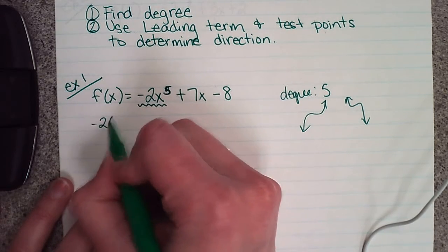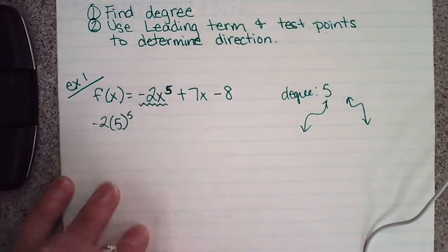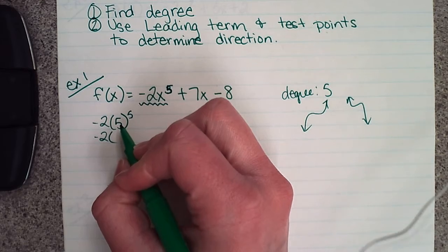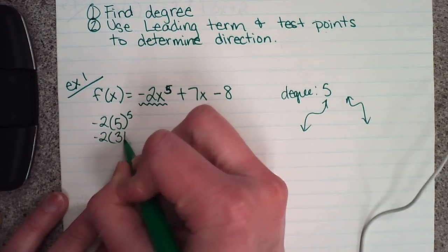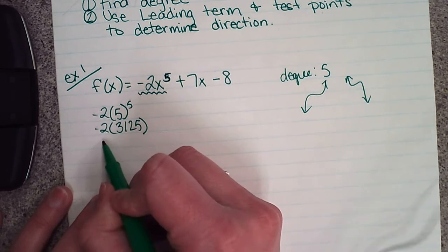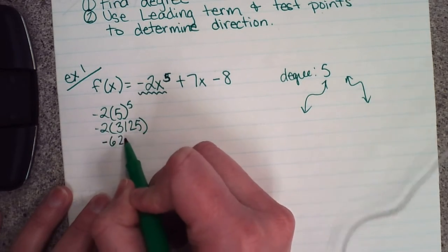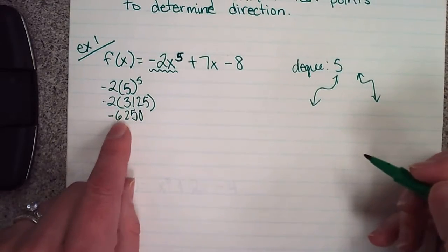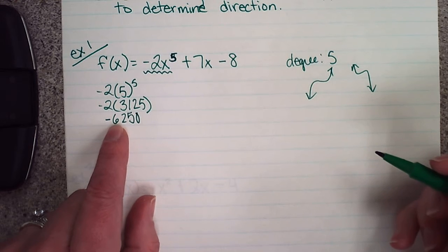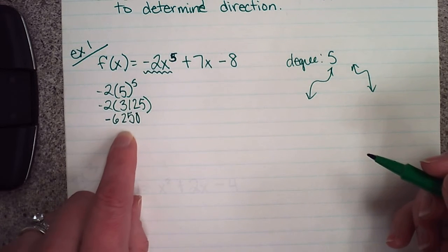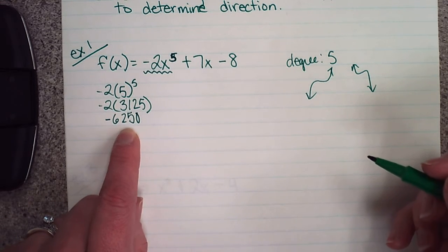So if I do negative 2 times positive 5 to the fifth power, 5 to the fifth is going to be 3,125, and if I multiply that by negative 2, I'm going to end up with negative 6,250. So obviously it's getting more and more negative. What that tells me is that as I plug in larger and larger positive x values, my graph is going to become more and more negative.